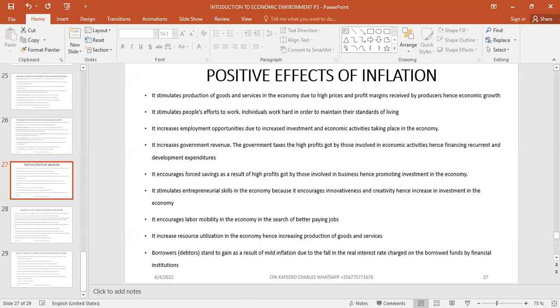But there is also a bad side within the good one, because there are borrowers. These borrowers, the people who get, let's say, loans. When they get loans, the borrowers themselves, they stand to gain. How? They start to gain because when the prices are increasing, we expect that even the interest rate is going to be losing value.